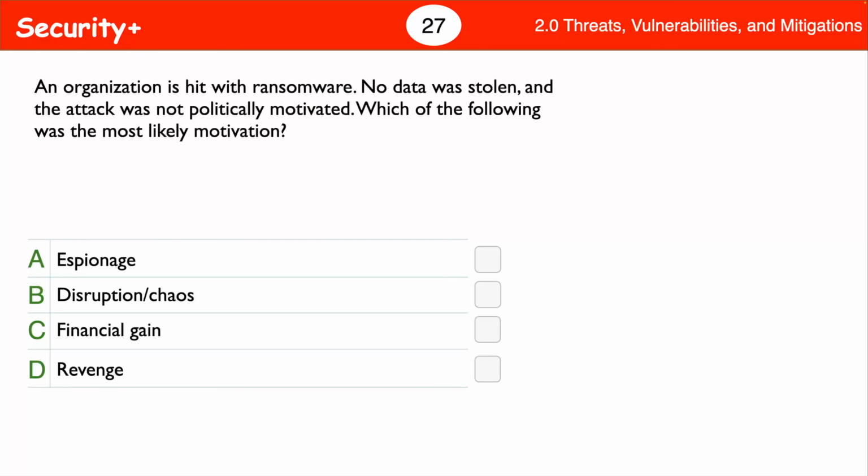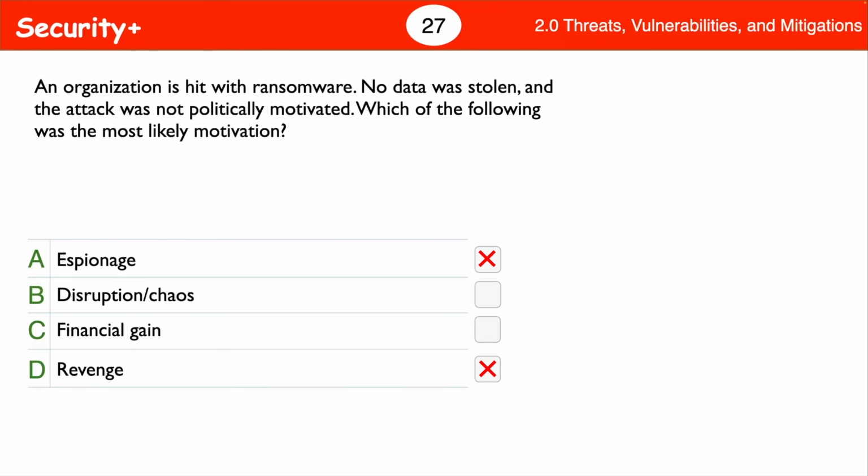Now let's do the process of elimination. We can first eliminate D, revenge. This one's incorrect because there's no indication of a personal or organizational grudge. Next, we can eliminate A, espionage. That involves stealing sensitive information for intelligence purposes.